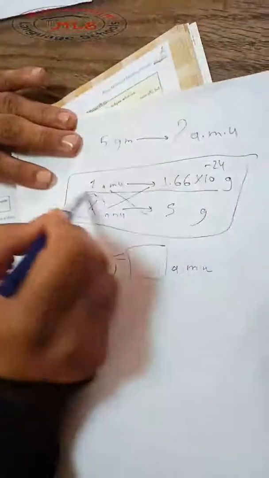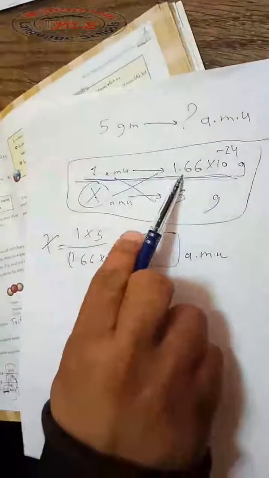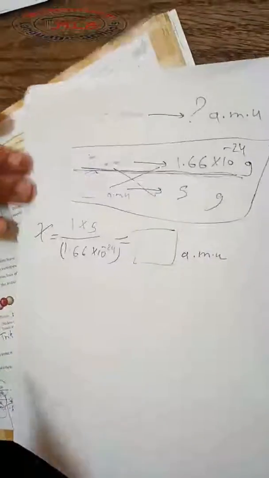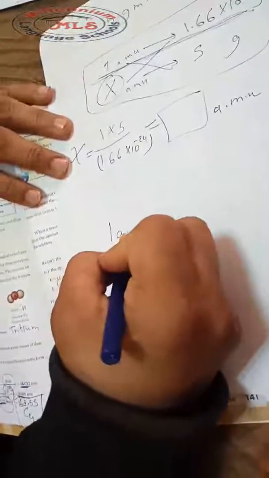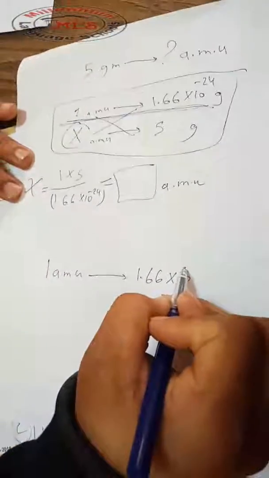You can use this relation to convert any value between grams and AMU: 1 AMU equals 1.66 times 10 power minus 24 grams. Also, 1 AMU equals 1.66, the same number, times 10 power, but we change only the power.